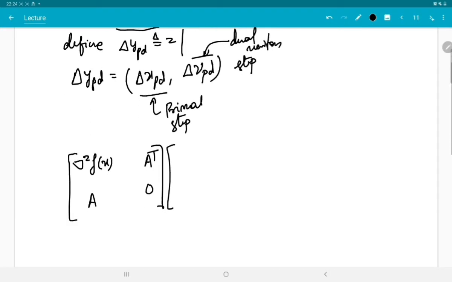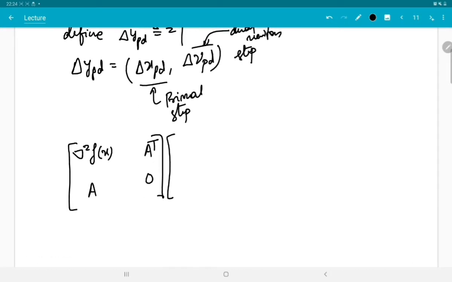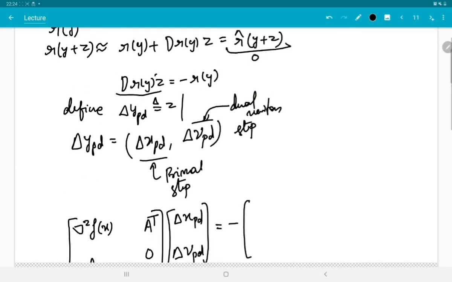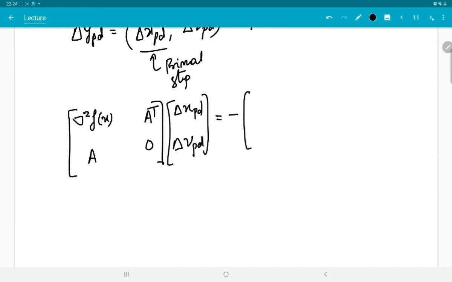So z is just delta y pd, and delta y pd is delta x pd, delta nu pd. This is equal to negative r of y, and r of y is equal to del f of x plus A transpose nu, Ax minus b.